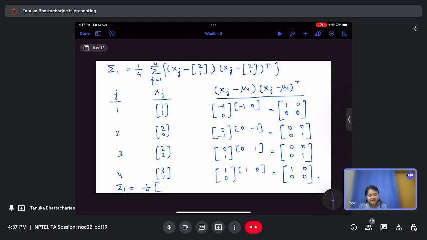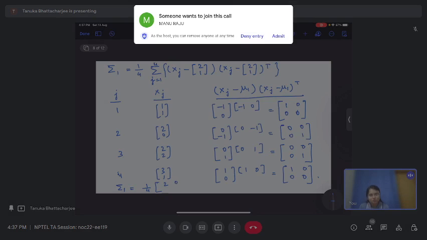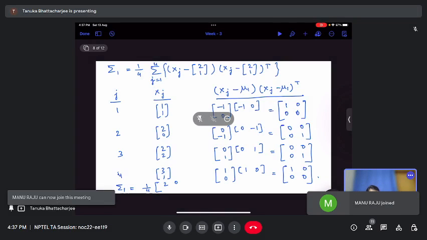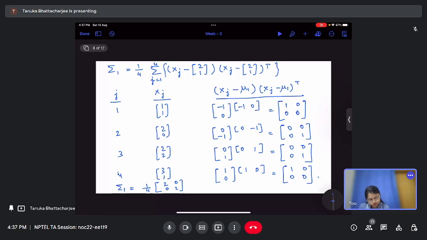If we take that summation, it will be [2 0; 0 2], so it will become [1/2 0; 0 1/2]. This is the covariance matrix of the first class.